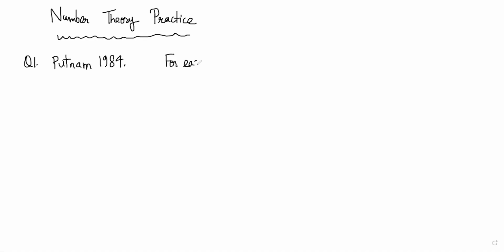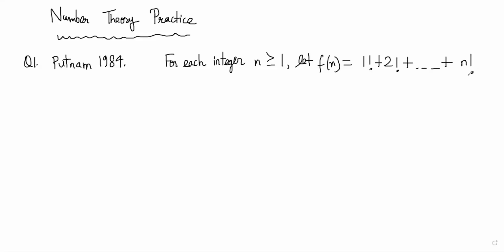For each integer n greater than or equal to 1, let f of n be given by 1 factorial plus 2 factorial going on till n factorial.